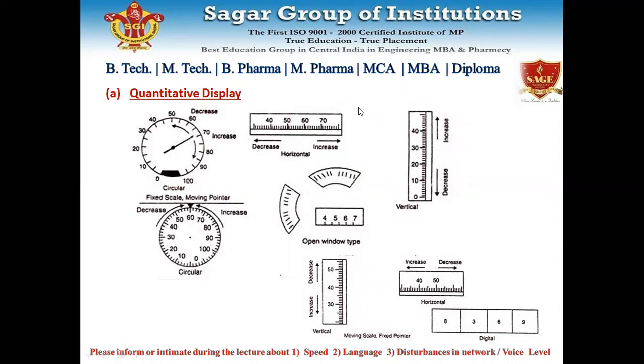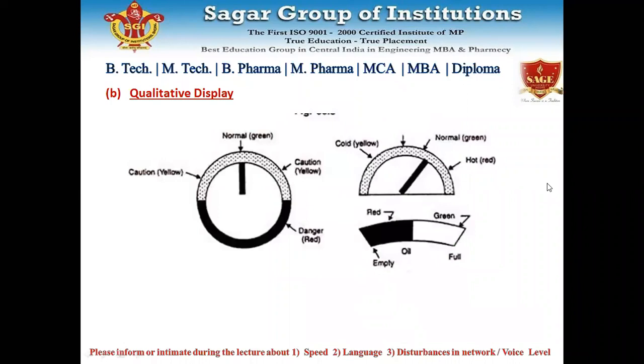Now comes the qualitative display. We can see what a qualitative display is in the picture or diagram itself. The qualitative display is like, in an AC for example, there are three modes of swing: low, medium, high.